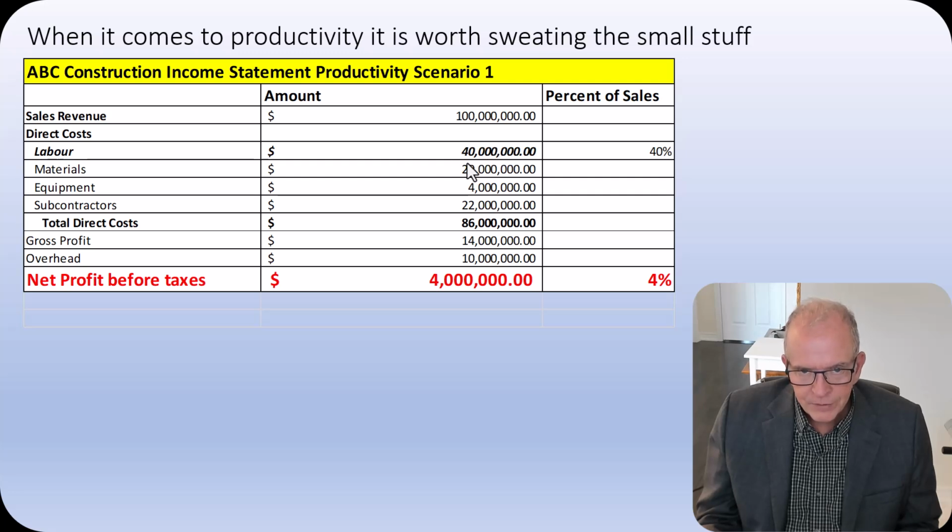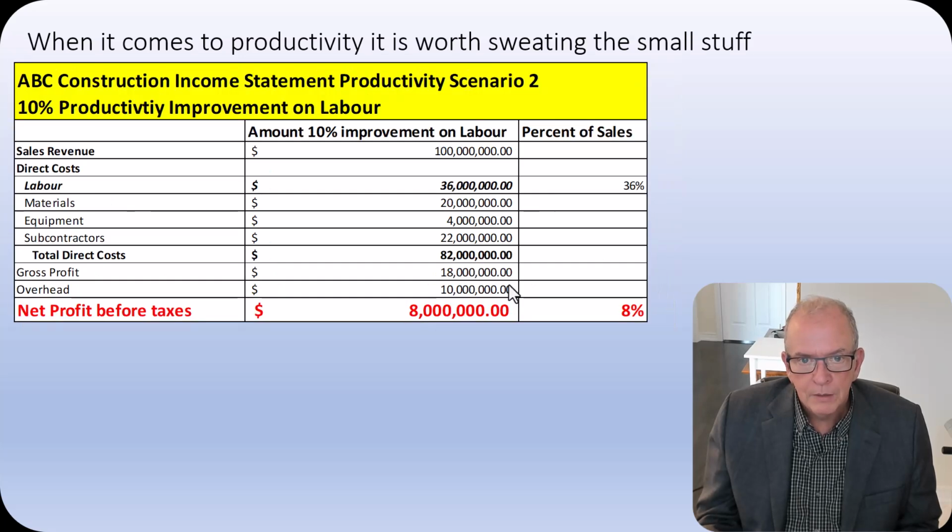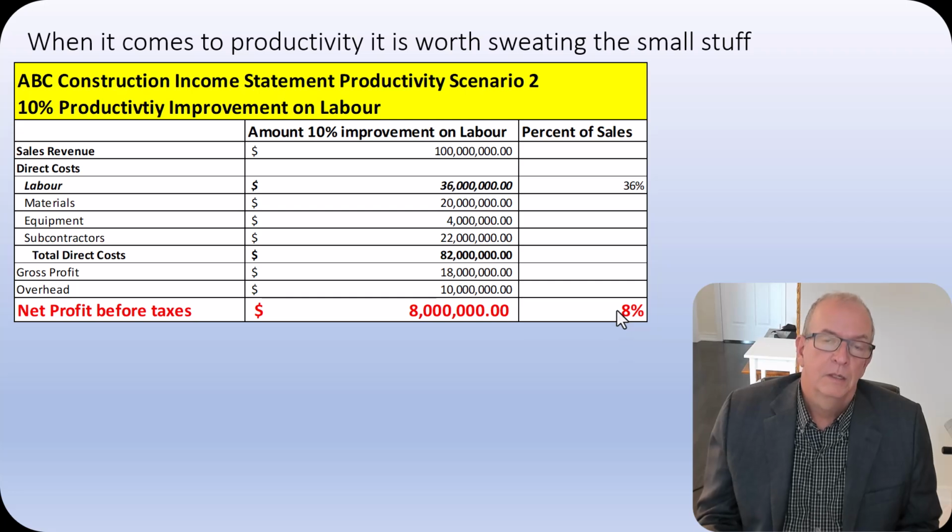We take off 10% here on our labor because we're more productive, less waste. What's that going to do to our bottom line? Well, 10% of 40 million, that's 4 million, so 36 million. This isn't changing. We just doubled our profit. We went from 4% to 8%.